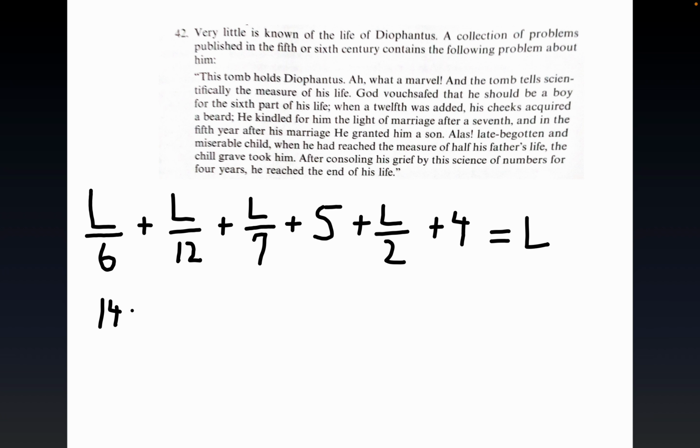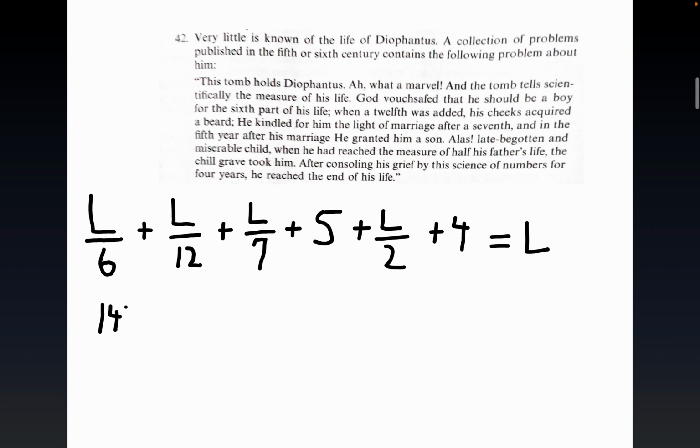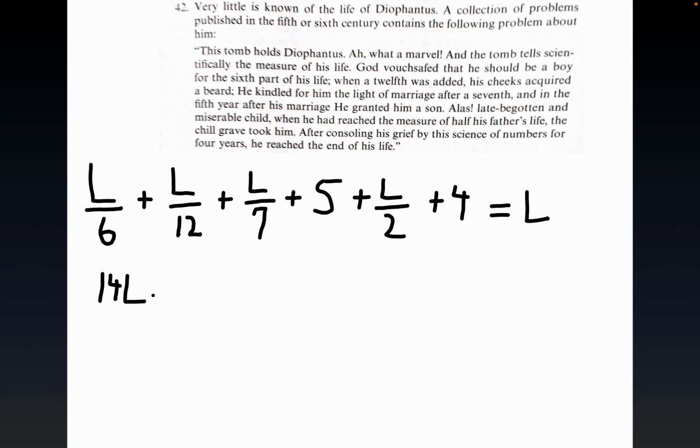It's arguable whether I'm doing this in the most efficient fashion, but we'll just keep going. So you have 14L right here. All right, now what else? So if you multiply this by 84, you get plus 7L. Trying to keep it small, folks. Keep it readable. Again, we're multiplying everything in sight by 84. Now this will be 84 divided by 7. What do we got here? Oh, that's easy, right?